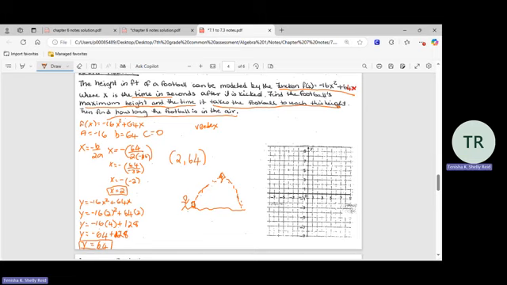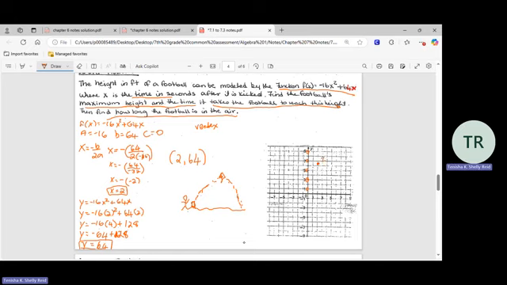Okay, that means we have to adjust our graph. Our vertex is going to be at (2, 64). Let's go by 10, 30, 50. And then that's going to give us 64, somewhere right about here.